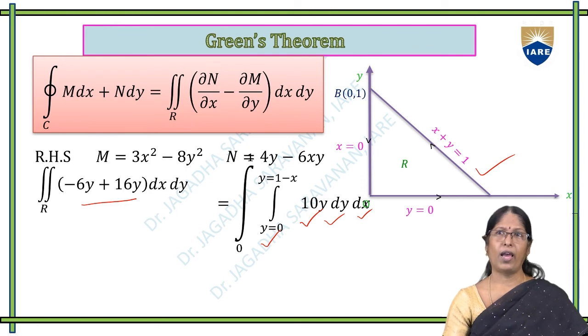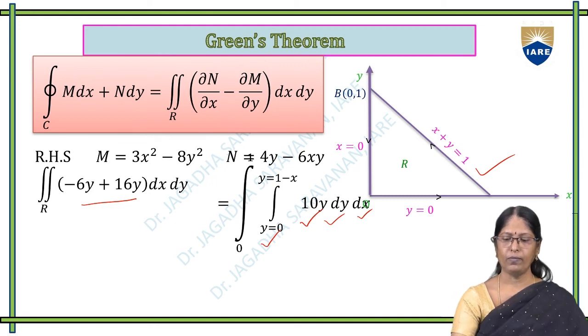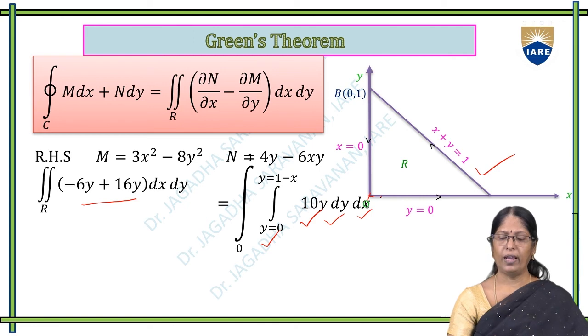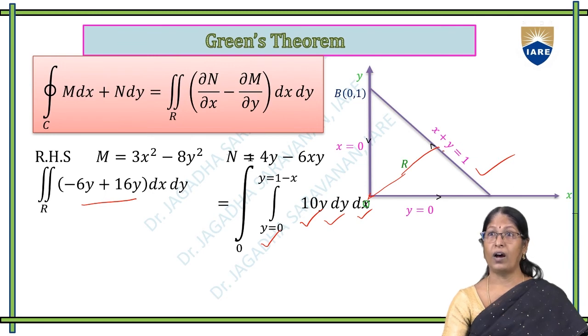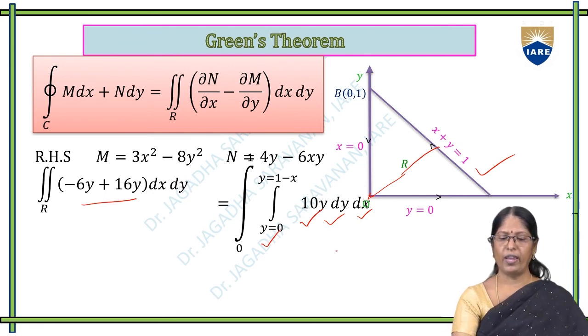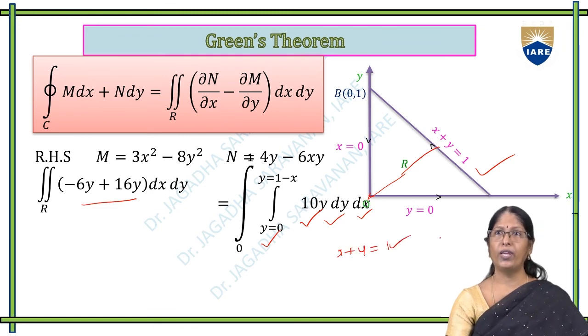From that point of view, now our y, here it is, our origin, from 0 it moves and touches our straight line x plus y equal to 1, from which we can extract our limit value of y.